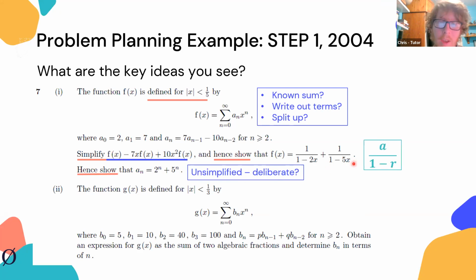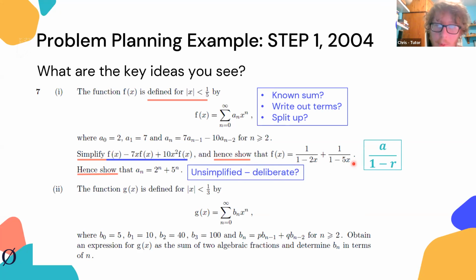If you haven't seen these at school, don't worry about it, you will do. But we have this formula A over 1 minus R, where A and R are constants that define our geometric series. And we can write each of the terms in f of x that way. And therefore we can turn them back into infinite sums, and then we can read off the coefficients. So that's how I expect that bit to work.